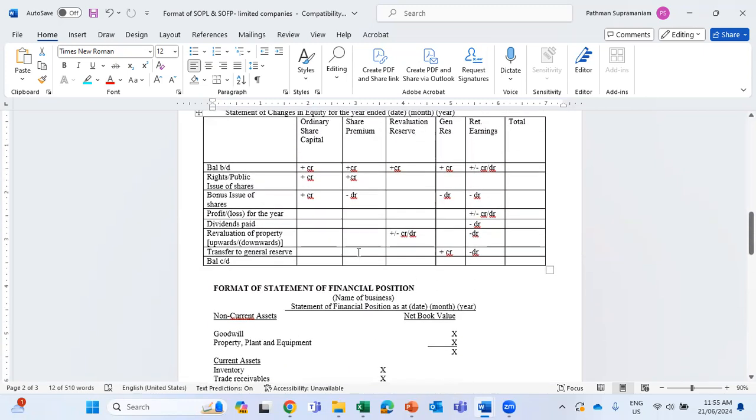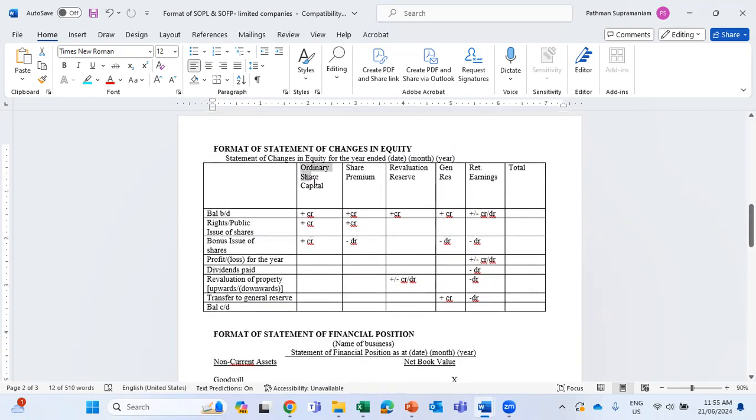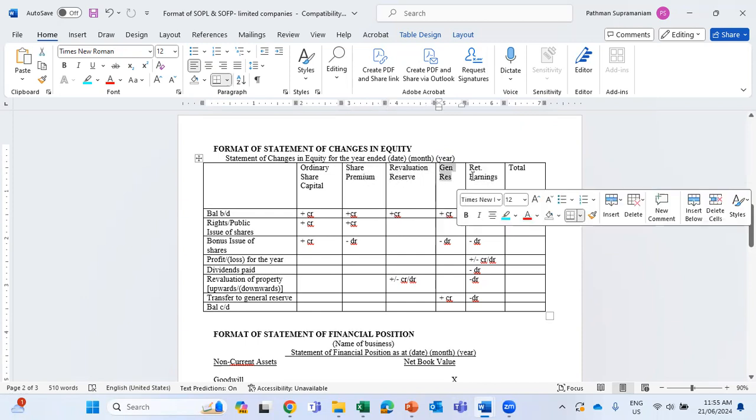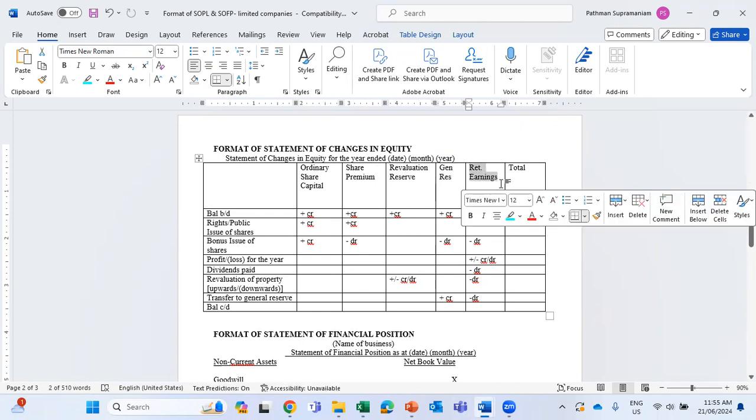Capital plus reserves is called equity. You see, I've also lined it up the same way. Ordinary share capital. Okay. So later in the next class, I'll teach you what all these individual reserves mean. I'll see you all next week then, face to face for the next class.